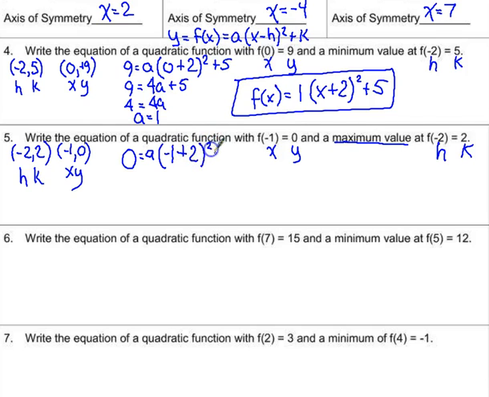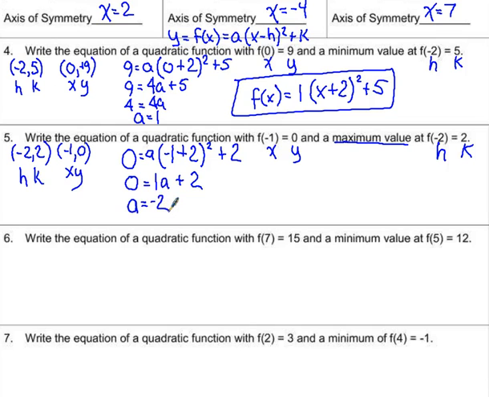We square that value, and we add k to it, which is +2. -1 plus 2 is +1. 1 squared is 1, so we end up with 1a plus 2 is equal to 0. All right, subtract 2 from both sides, and we end up finding out that a is equal to -2.